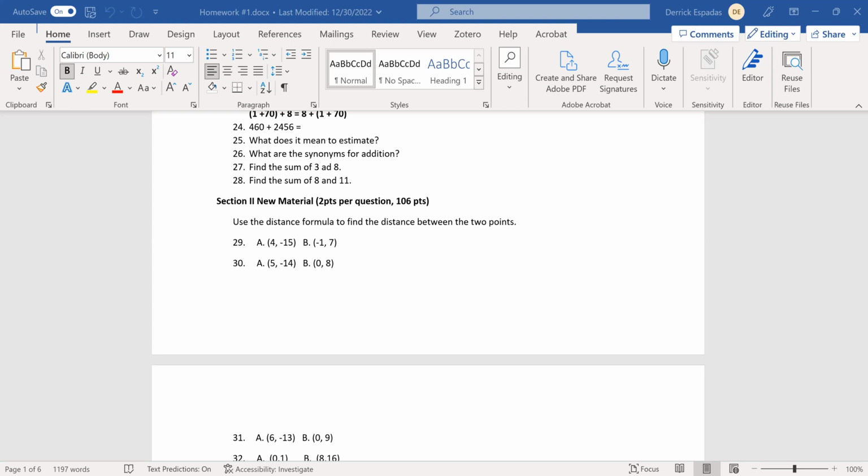Well, actually, we need to go back and do the arithmetic first. So 1 minus 7 is actually going to be negative 6. And then 9 plus 12 is going to be 21. So then negative 6 times negative 6, 36. And 21 times 21 is something we asked the calculator.